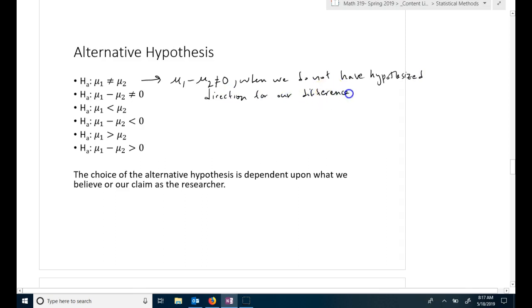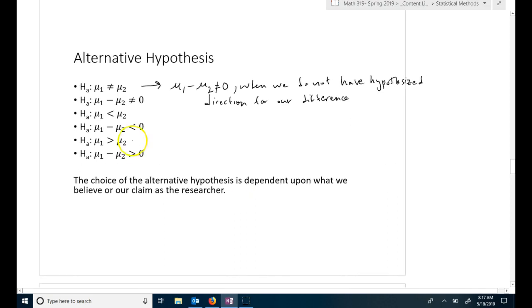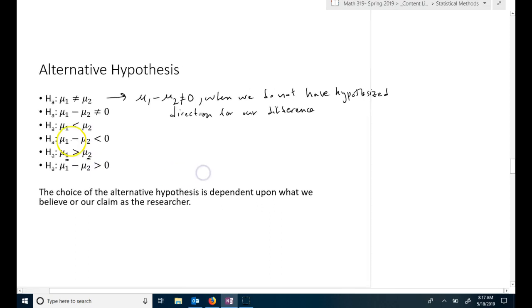In our example, we actually believe that the bed rails will improve and decrease the number of falls. So we think that mu1 is going to be greater than mu2, okay? Because mu1 is the no bed rails group and mu2 is the bed rails group. So we actually think that this one is ours.